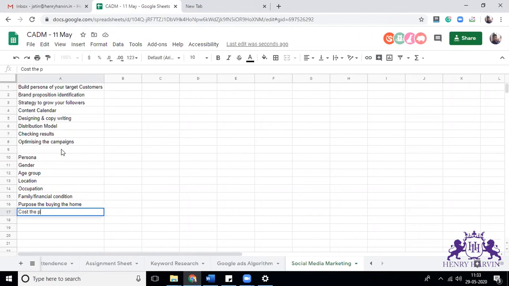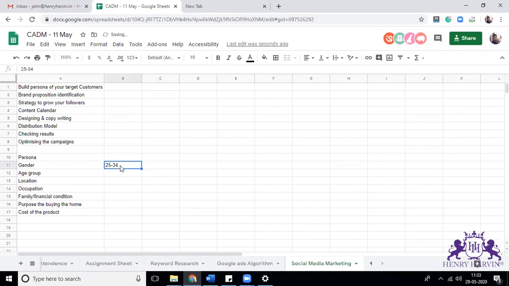Cost of the product here means the home loan which they are applying for. So there are various age groups who are looking to buy homes. One age group is generally between 25 to 30, 34, 35.